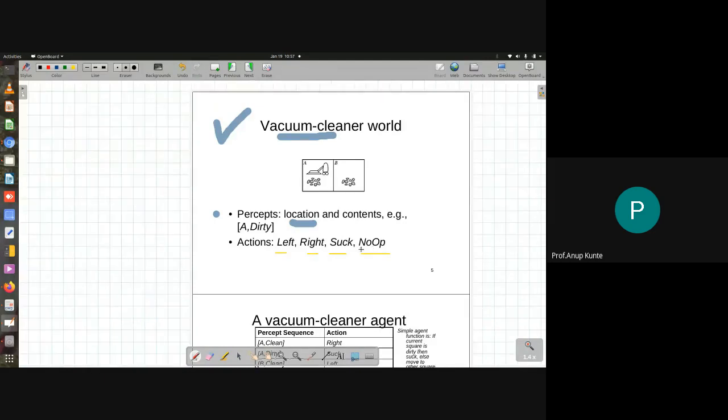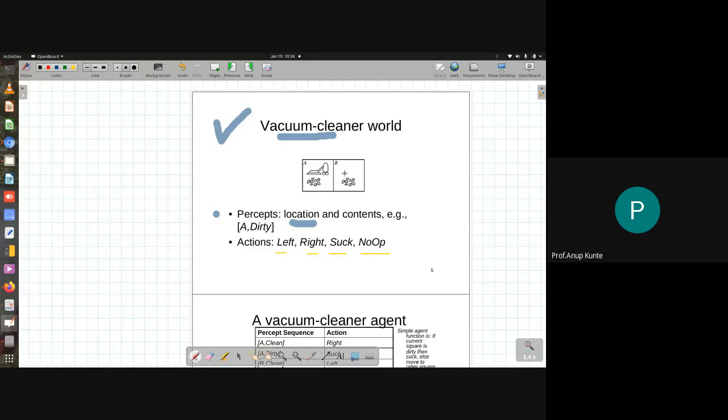Then after this set of actions, what will be the environment state? Now the environment for this vacuum cleaner agent consists of both the rooms, right? So suppose it is following this sequence of actions. It moves to left. If it is already in room A and it moves to left, it will remain in room A.